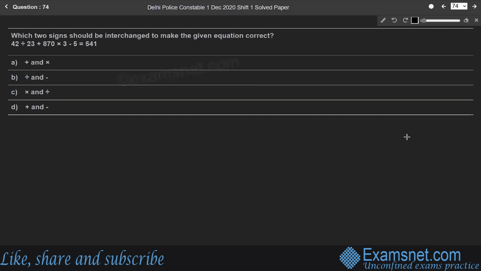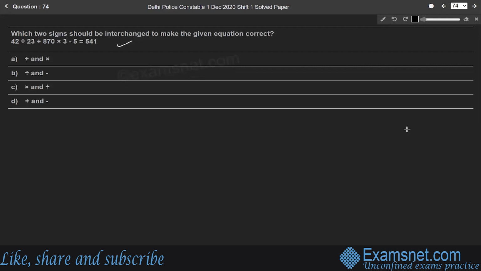Question 74. Which two signs should be interchanged to make the given equation correct? So the given equation is like this, which has the LHS part. According to option A, if plus and multiplication signs are interchanged, then the LHS becomes 42 divided by 23 into 870 plus 3 minus 5. According to BODMAS, the division operation comes first before multiplication.